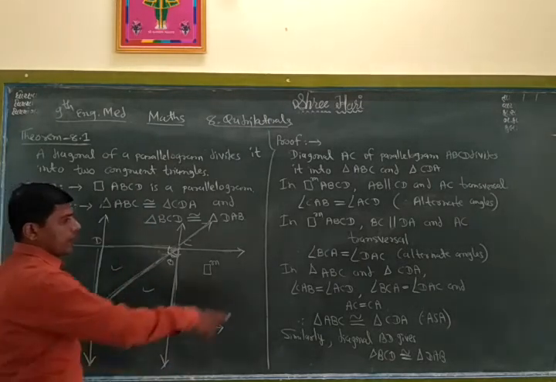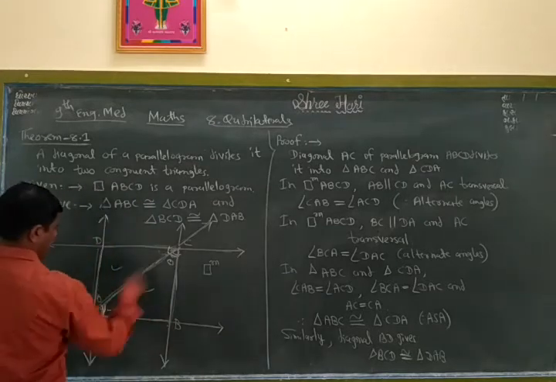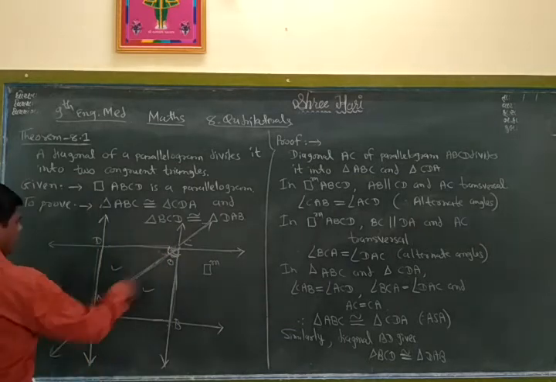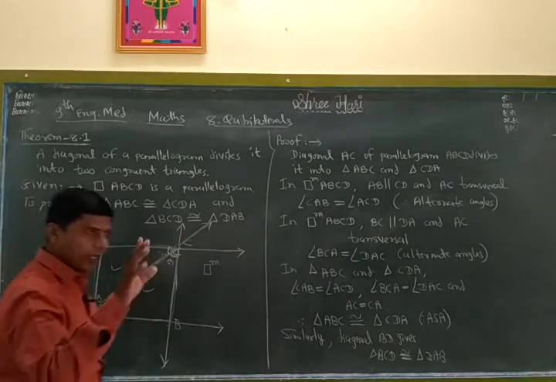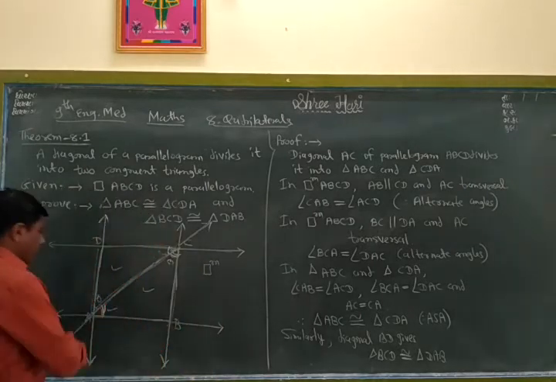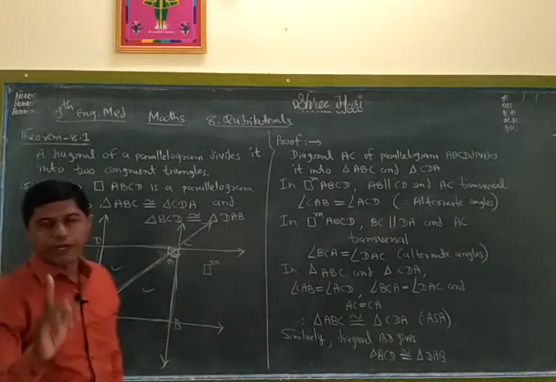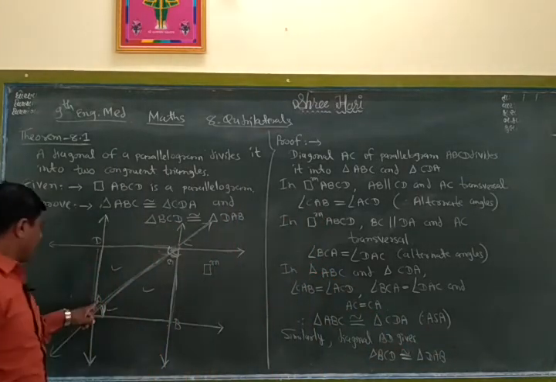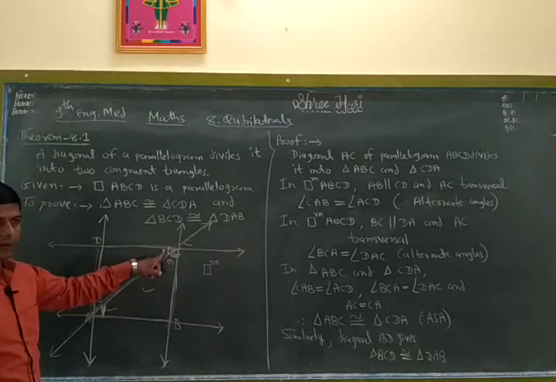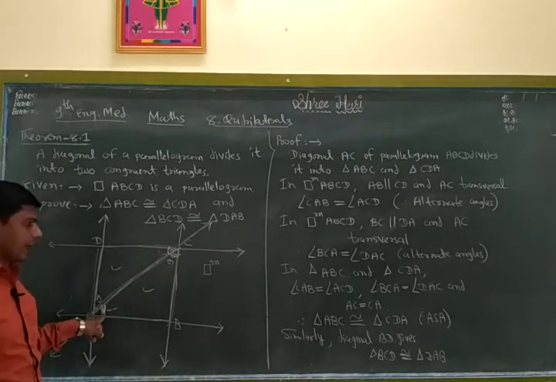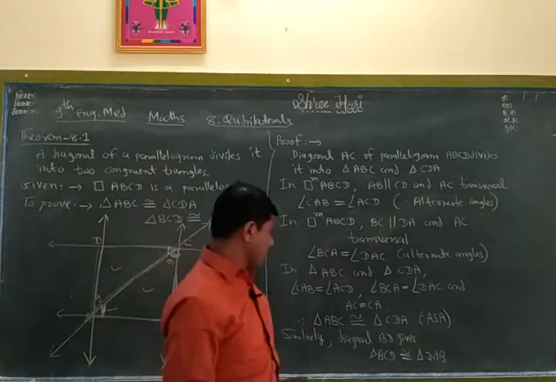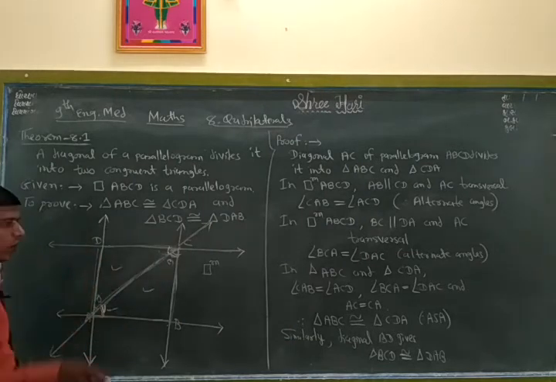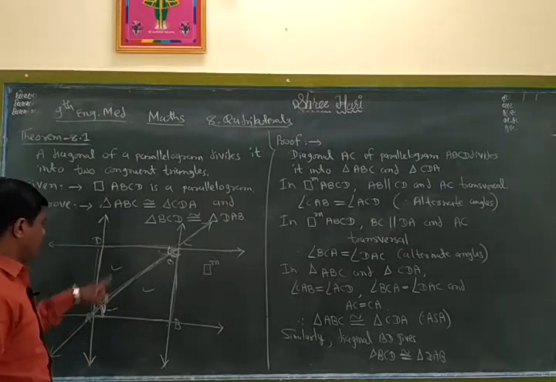Angle BCA and angle DAC are congruent because they are alternate angles, and also AC is equal to CA. So angle, side, angle. We can say that triangle ABC is congruent to triangle CDA.